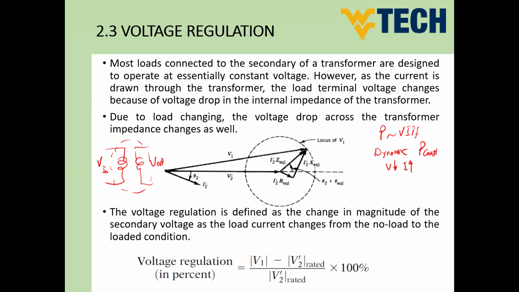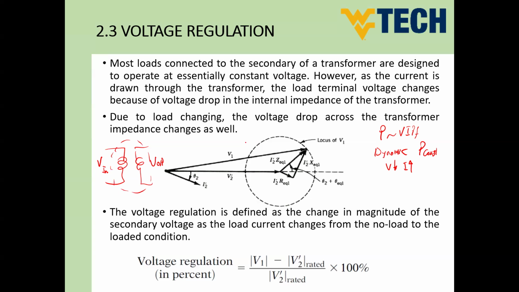So in case of having any kind of variable loads and supplying the transformer with constant volt here, the output volt would be different.